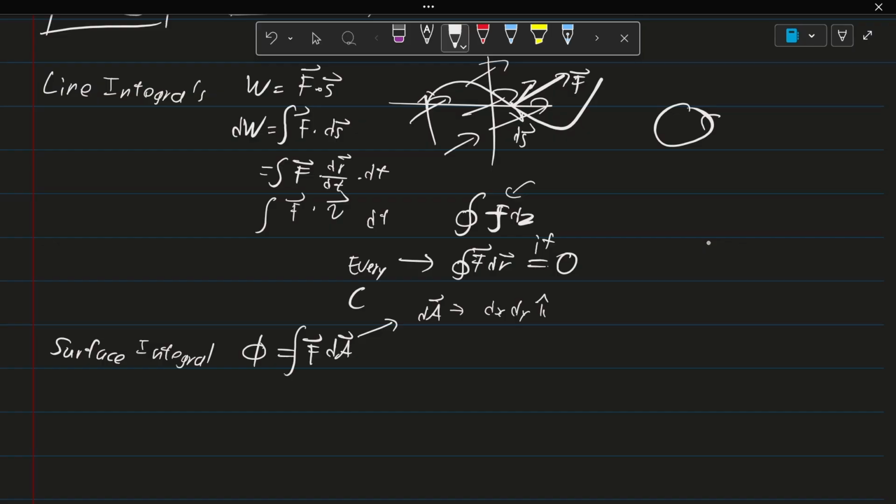Another thing about surface integrals is that there's a way for you to denote which direction your dA vector points. You could just choose an arbitrary dA vector, but if you have a closed surface, it is conventional to write your dA vector outwards.